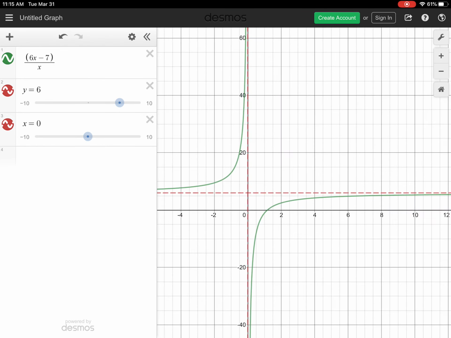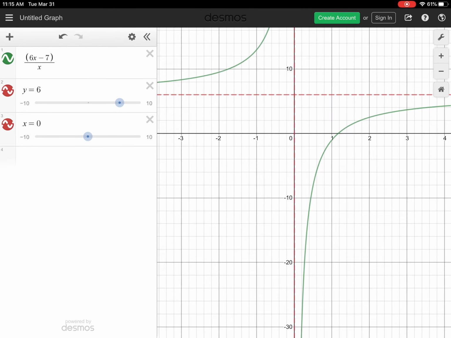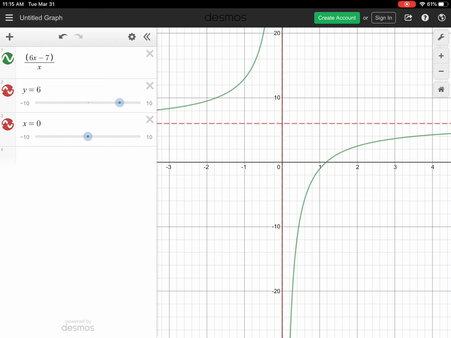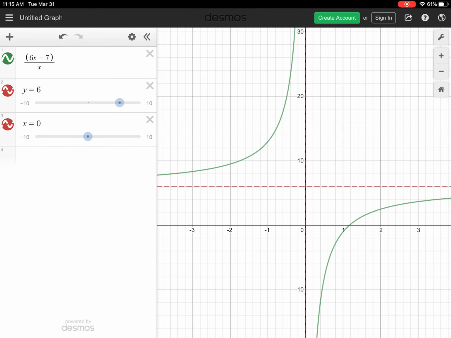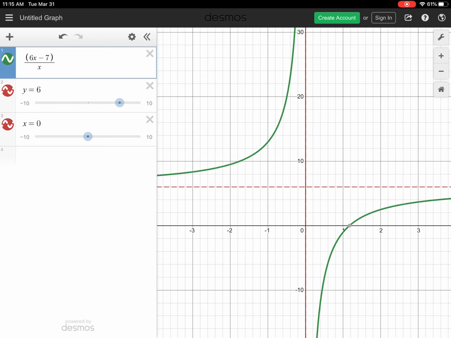This is called Desmos, and I like this a lot. You see how this is very similar to what we have graphed. We do have a point at 1.167. That must be 7 over 6, 0. So that's our x-intercept. And that one random point that I just found, we have a point also at -1, 13.